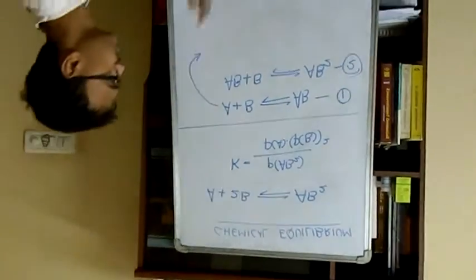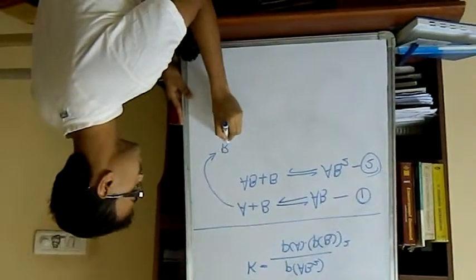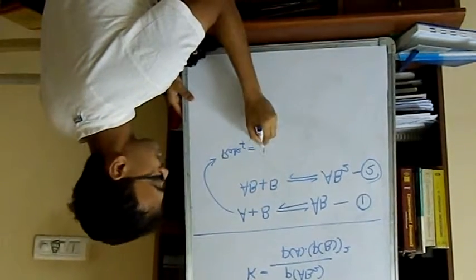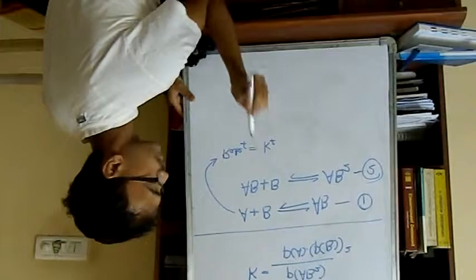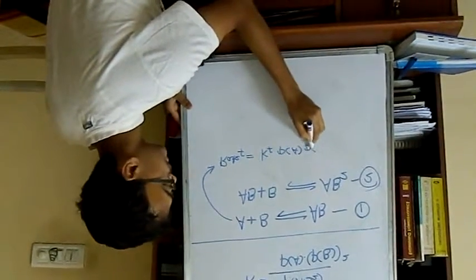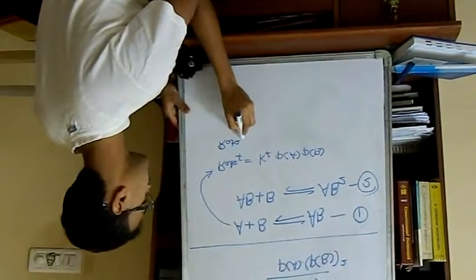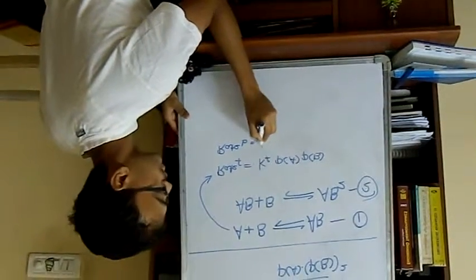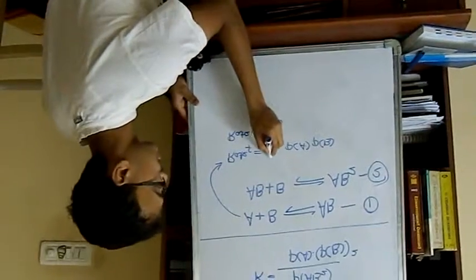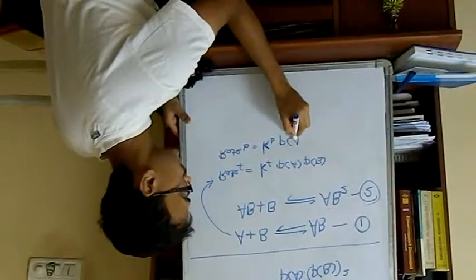By the laws of chemical kinetics, the rate of the forward reaction is equal to the product of the rate constant for the forward reaction, Kf, and the partial pressures of A and B, and the rate of the backward reaction is equal to the product of the rate constant for the backward reaction, Kb, and the partial pressure of AB.